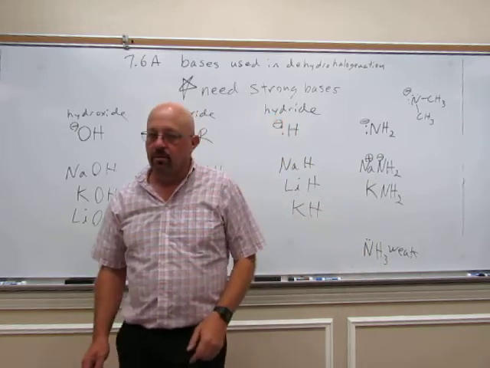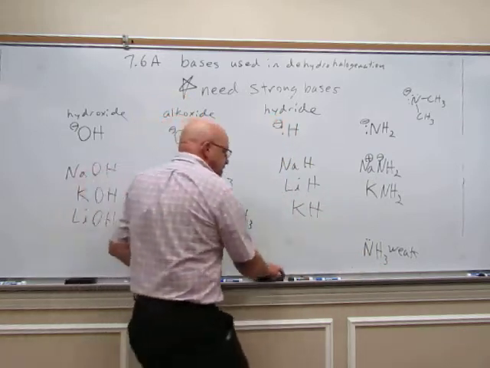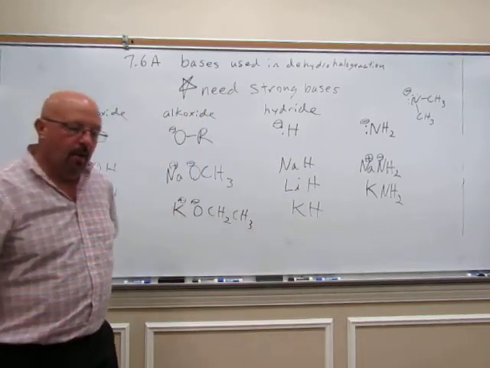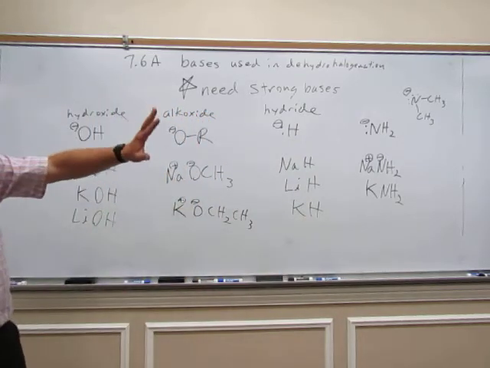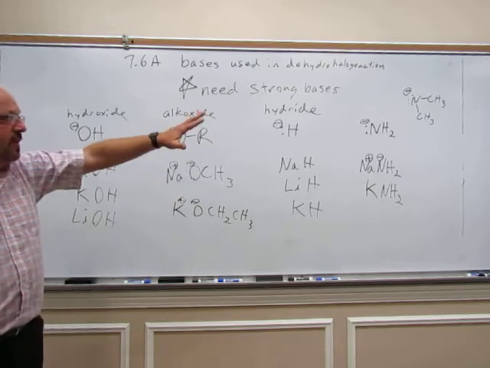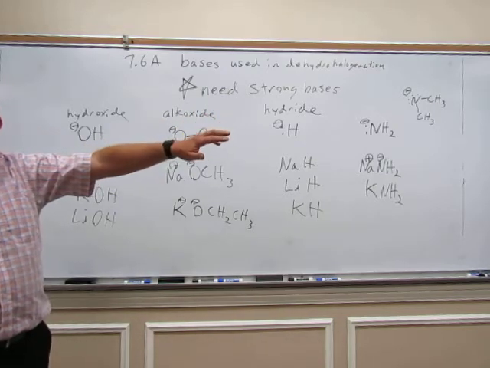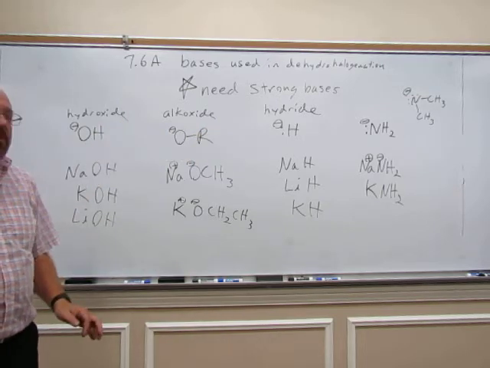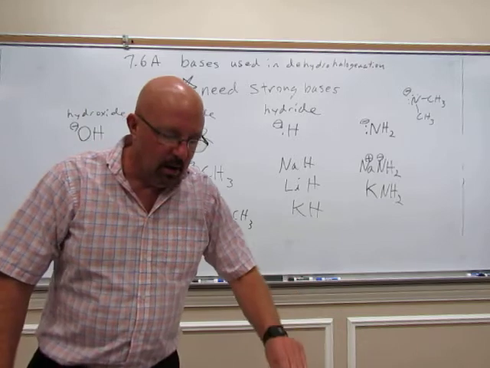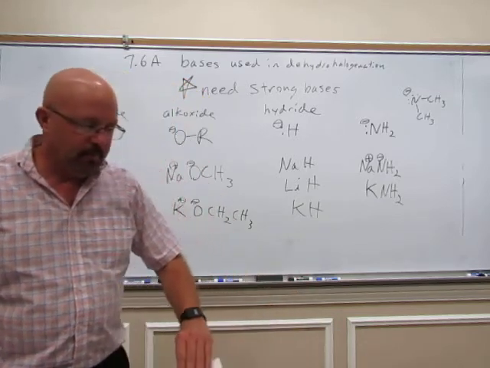NH3 is neutral. That's a weak base. So that's not on our list. I'm going to erase that off real quick. Okay. These are our strong bases. There are other strong bases out there, but I'm going to stick to these four groups here at the moment. We'll learn more later, but this is enough. We've got so much to try to remember right now. This is plenty to try to remember.